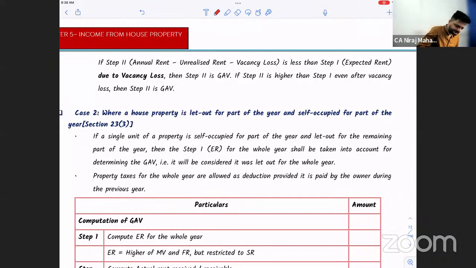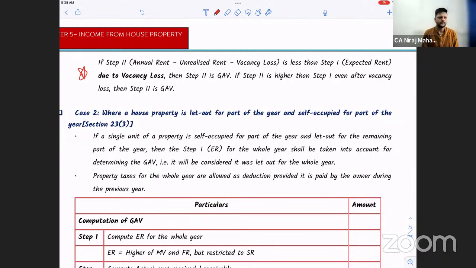Star mark here. If step number 2 is the annual rent, that is for the entire year, first reduce unrealized rent. Unrealized rent means some rent is not paid by the tenant. Vacancy loss means there is no tenant.